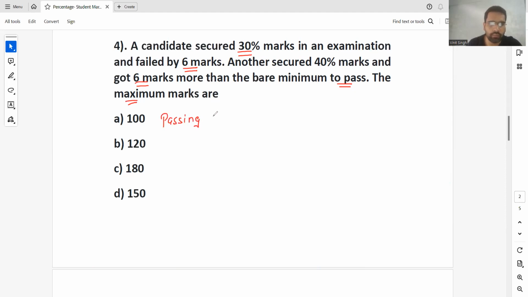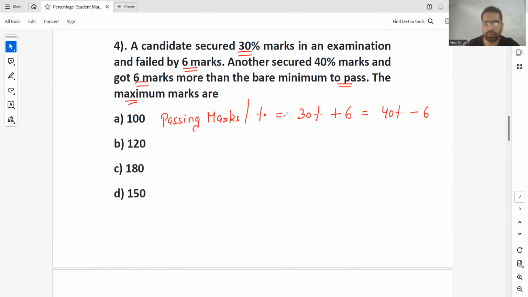Passing marks, percentage, which is equal to 30% and failed by 6. And the student gets 40% marks and gets 6 marks more than passing. So here 30% plus 6 is equal to 40% minus 6.